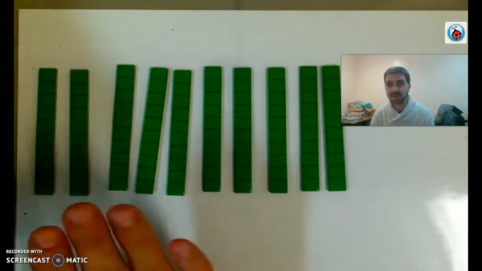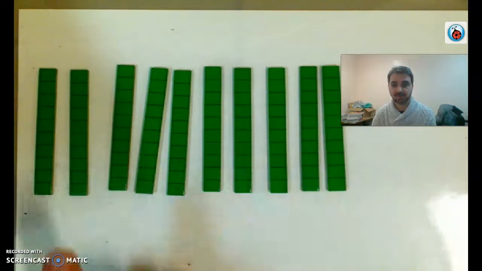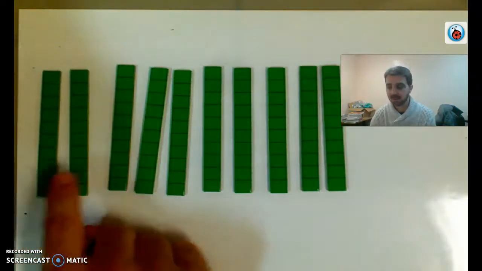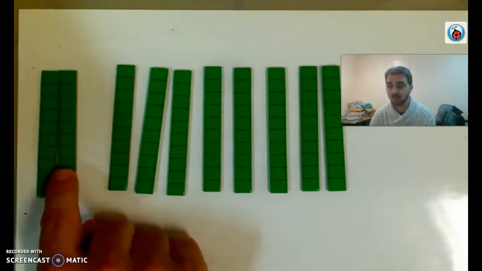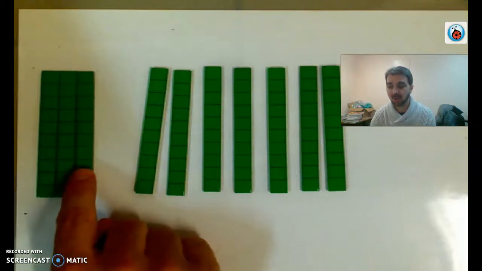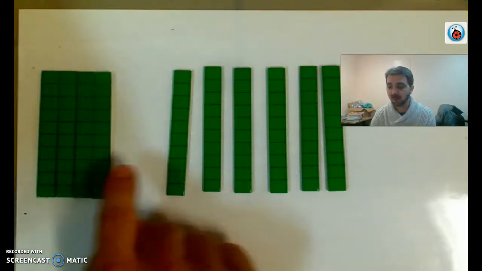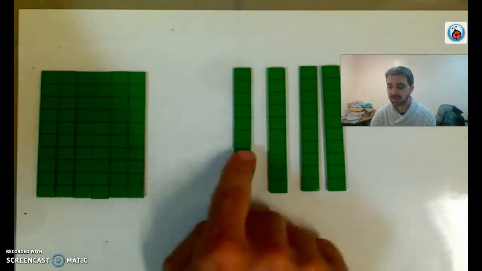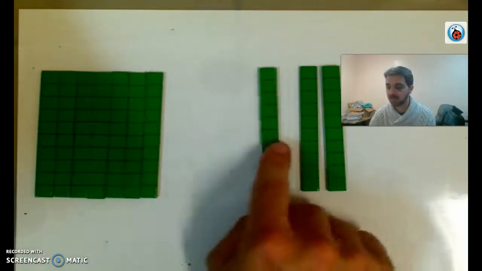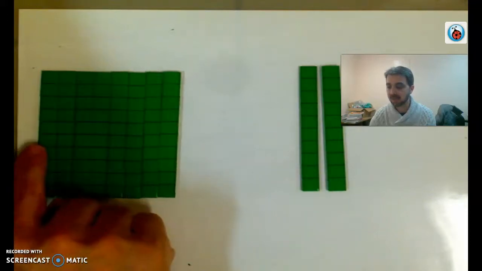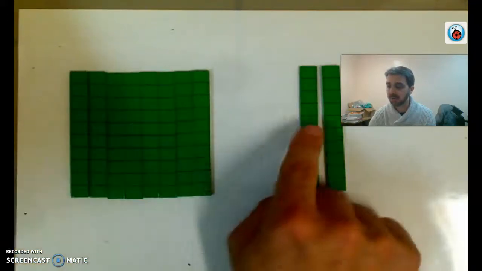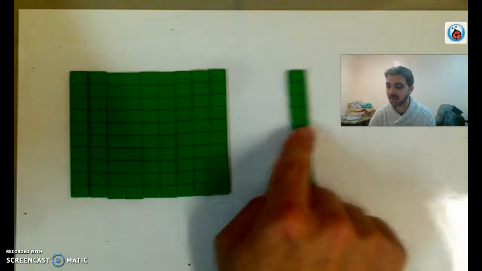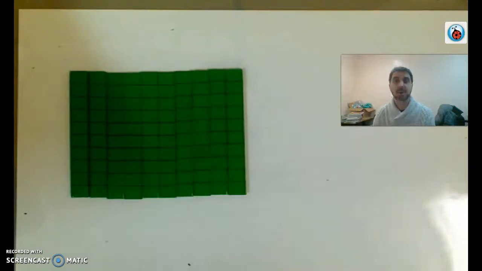Now, let's count and see how many pieces in total that we have. So we have 10, count with me, okay? 20, 30, 40, 50, 60, 70, 80, slide it over a little bit, 90, 100, okay?